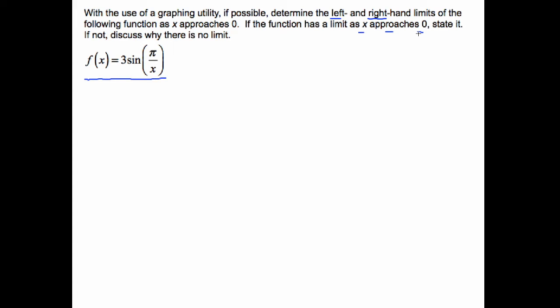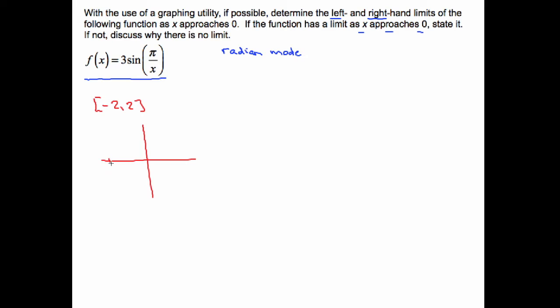Now, before we begin, make sure your calculator is set to radian mode. And what we'll do is explore these three limits graphically. So go into your graphing feature and enter your function 3 times the sine of pi over x. Let's first graph the function on a domain of -2 to 2 so that we're near 0.